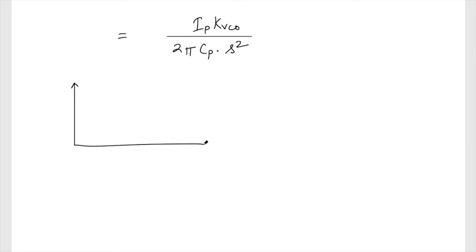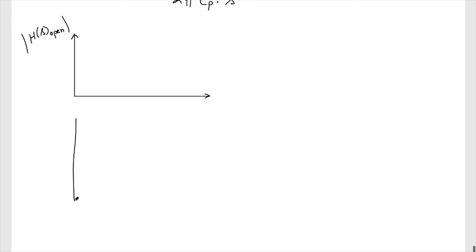So this is my H(s) open. This is the magnitude. If I try to plot the magnitude and the phase, there will be a roll off because of the two poles on the origin.